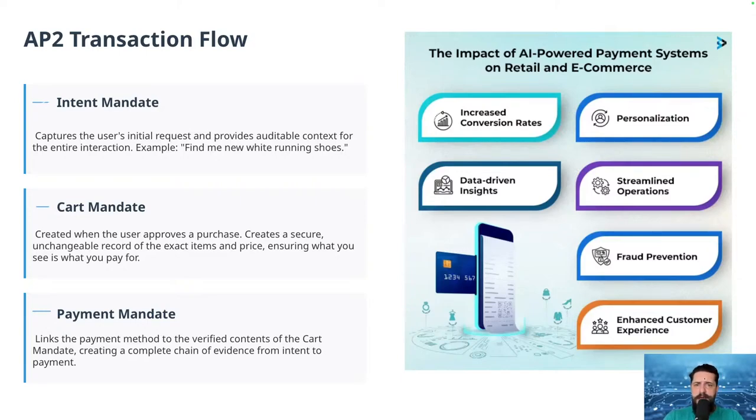This three-step process, from intent to cart to payment, creates that non-repudiable audit trail we talked about before. It provides a clear and verifiable record of the entire transaction, which is essential for building trust between users, agents, and merchants.